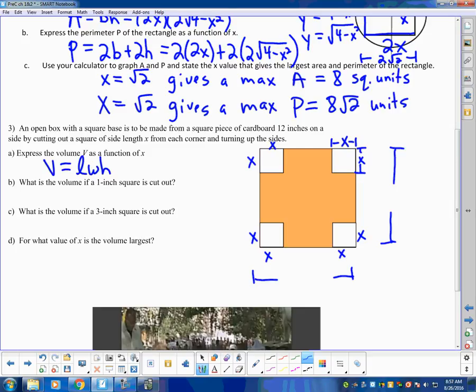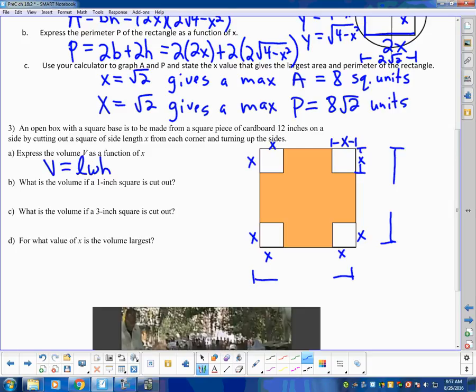So if I were to cut squares that were 1 inch on each side here and here, how much of this length am I losing? 2 inches, right? If I were to cut out 2-inch squares, I'd be losing 4 inches. And there's only so much I can cut out. The domain is limited. How much can I cut out on x before I just don't even have a box anymore?